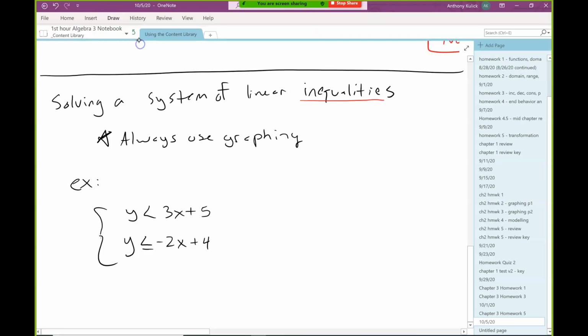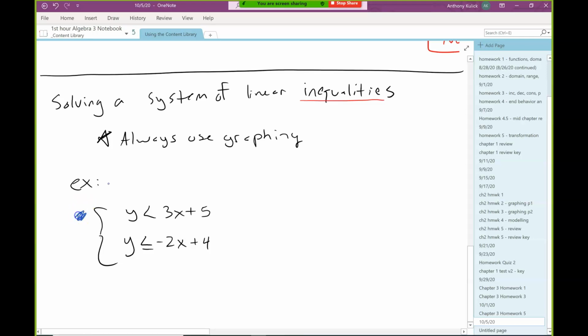Well, basically all I'm going to do is graph each one of these two inequalities on the same xy axis and look for the region that includes both. So in order to graph an inequality, I need to start by graphing the line. How many points do we need to graph a line? 2.